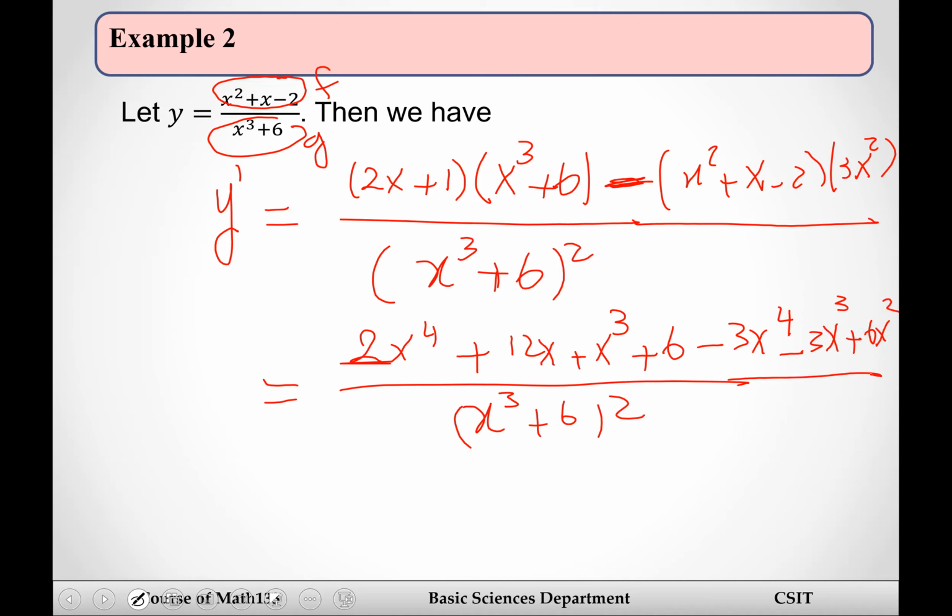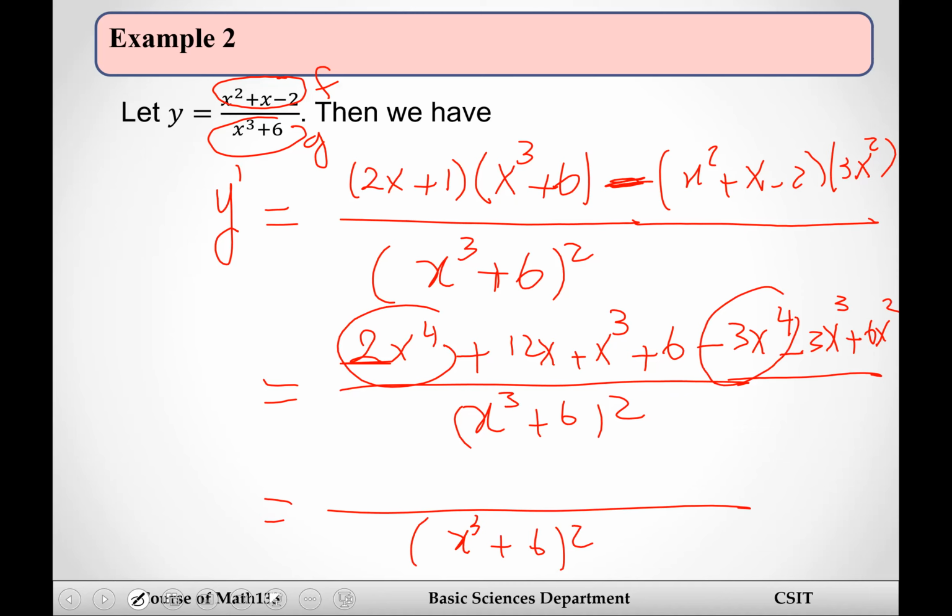Now we start with the highest monomial, which is x^4 in the numerator. So I will get this with this. Then 2 minus 3 is minus 1. So minus x^4. Then x^3 with x^3. So 1 minus 3, that's minus 2x^3.